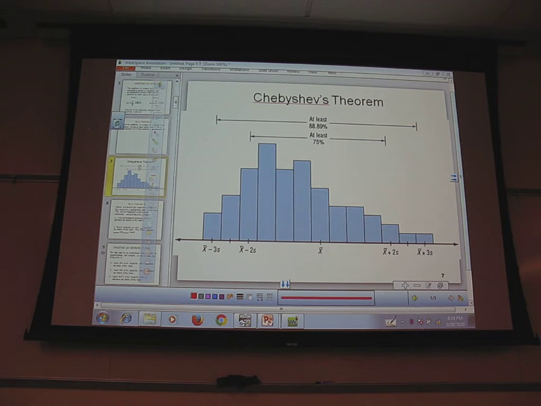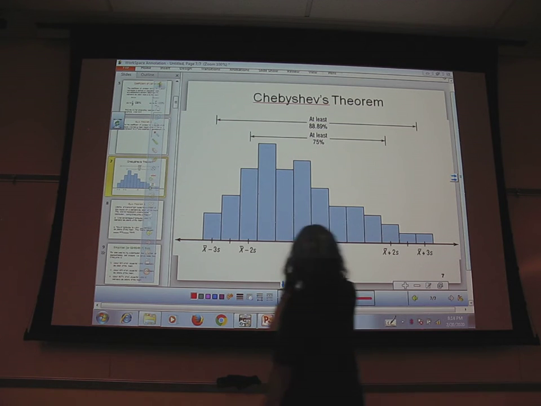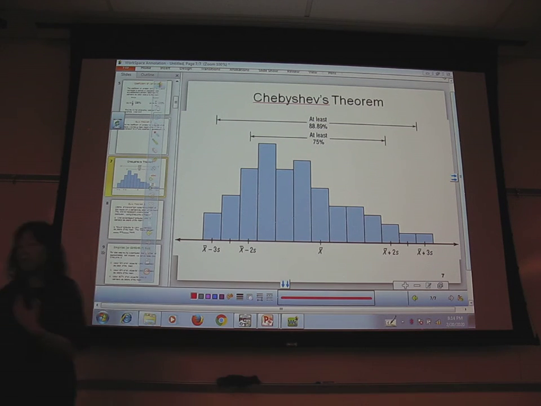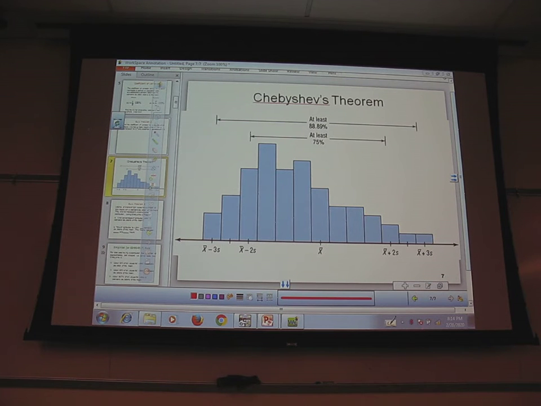So here, it says at least 75% is within 2 standard deviations, because 1 minus 1 over 2 squared, which is 1 minus 1/4, is 3/4, or 75%, will fall within 2 standard deviations.